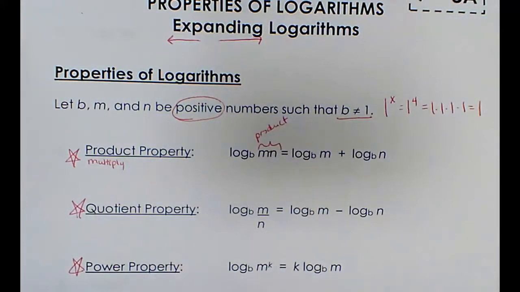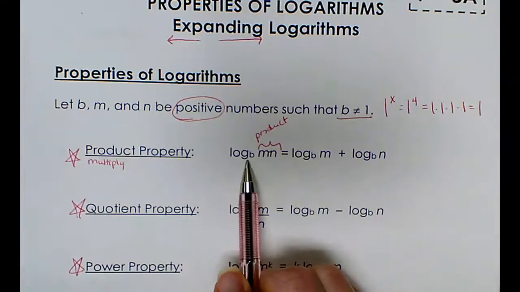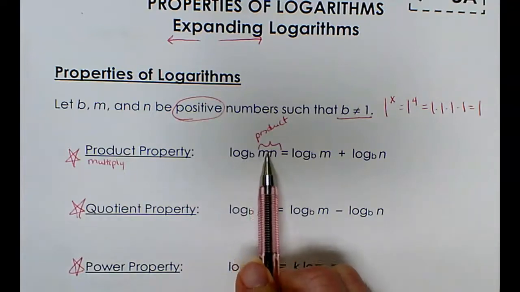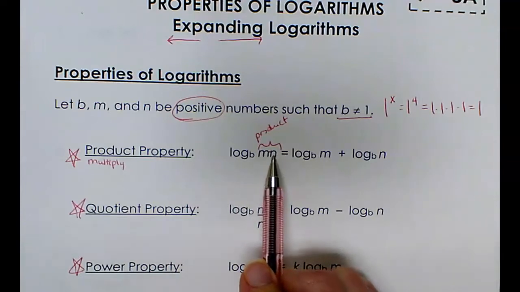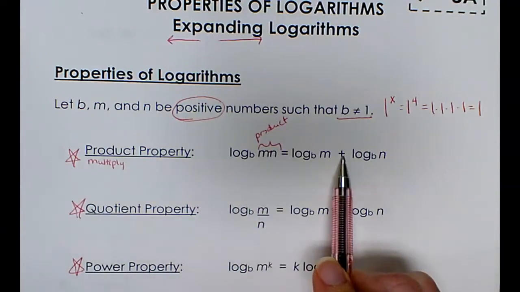If you're taking log base b of a product, you can rewrite this in expanded form: log base b of m, the first piece of the product, and log base b of n, the second piece, but you add them together.